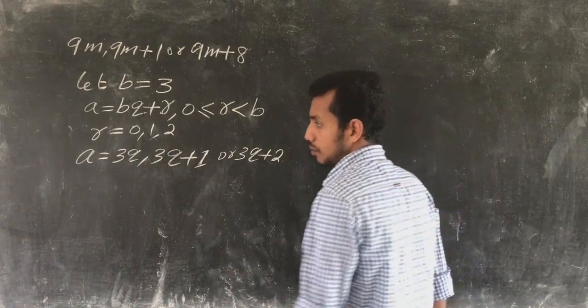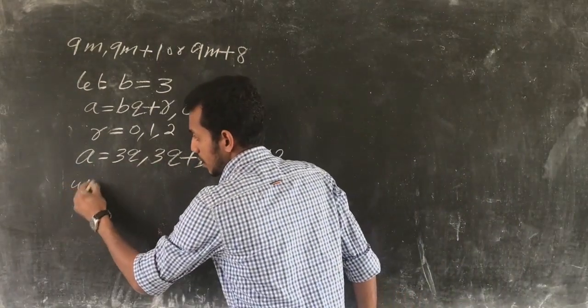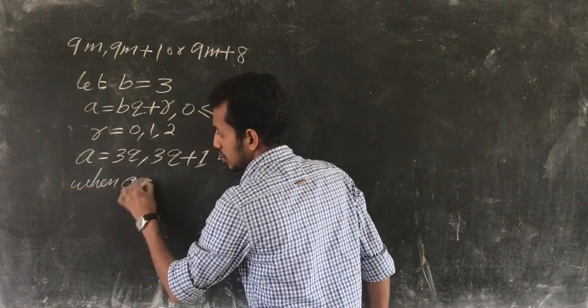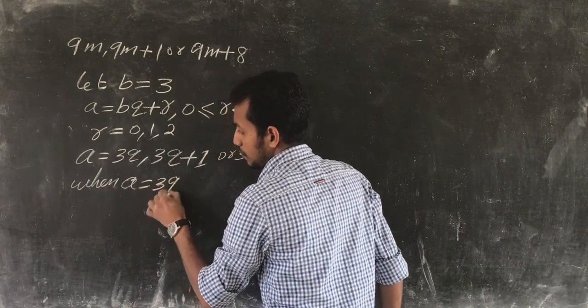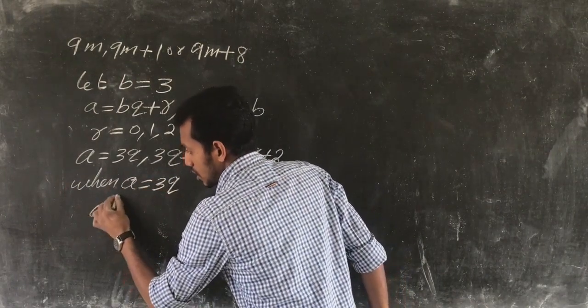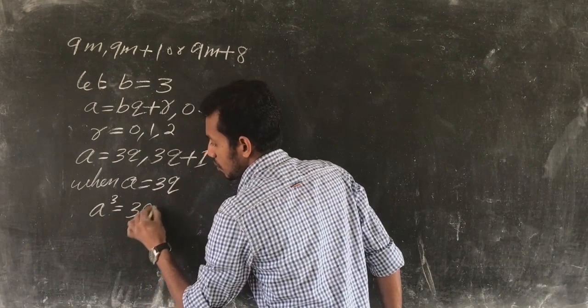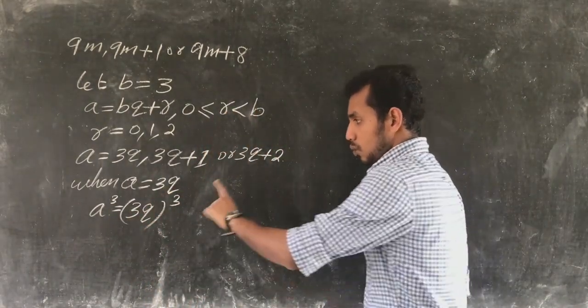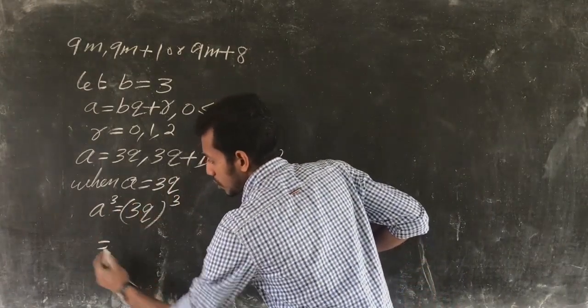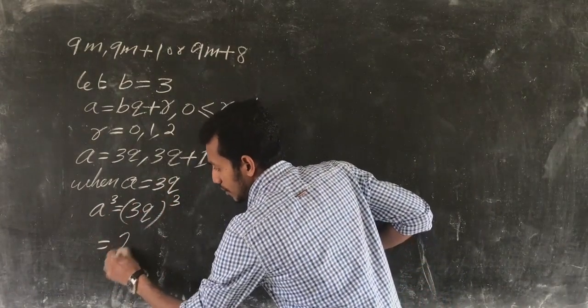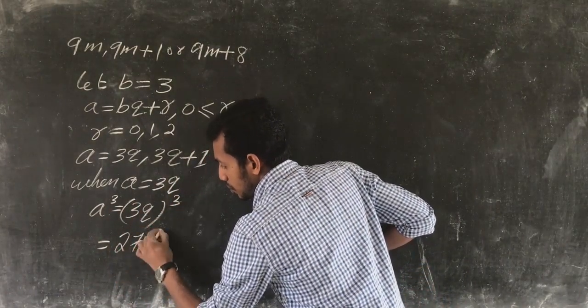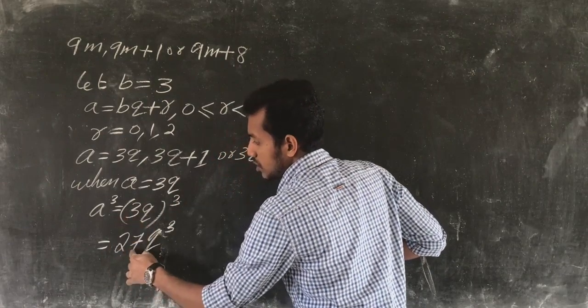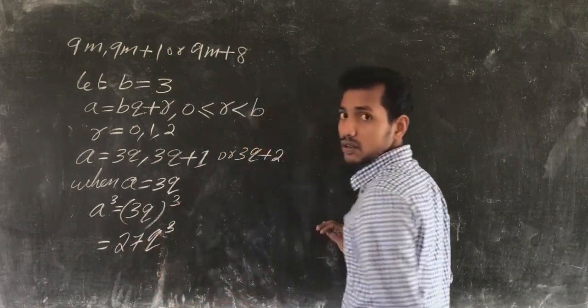Now let's take the cube of these integers. First, when a equal to 3q, a cube is equal to 3q whole cube, which is equal to 27q cube. 3 cube is equal to 27 and q cube is equal to q cube.